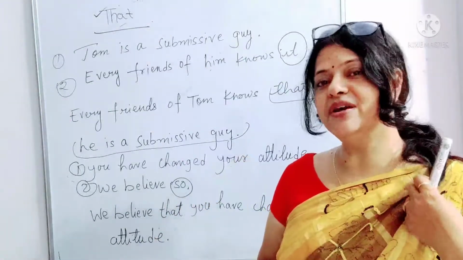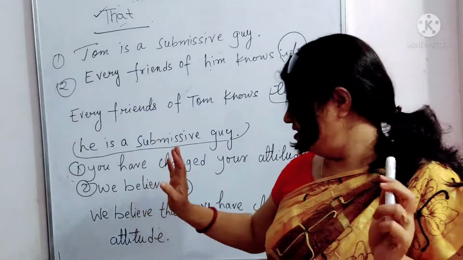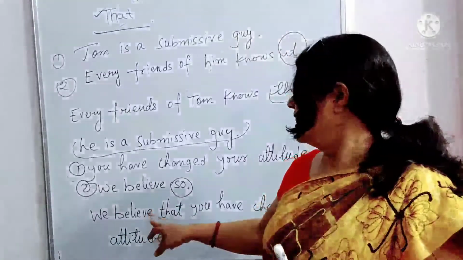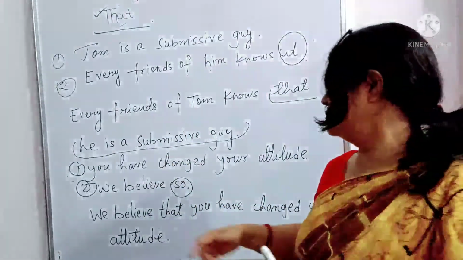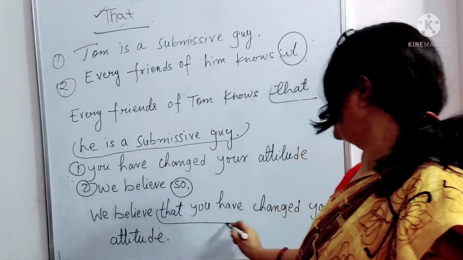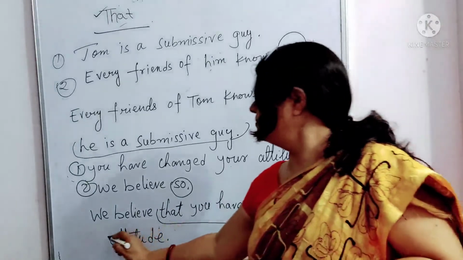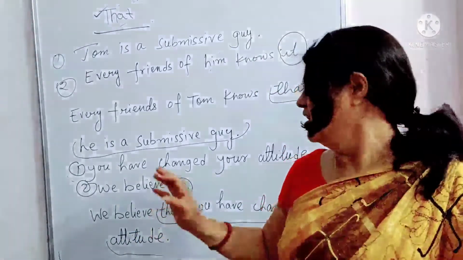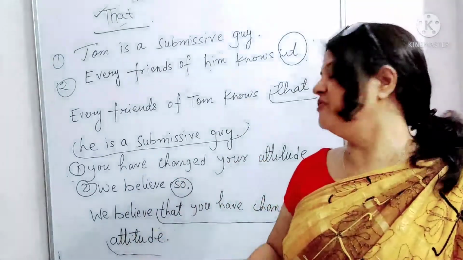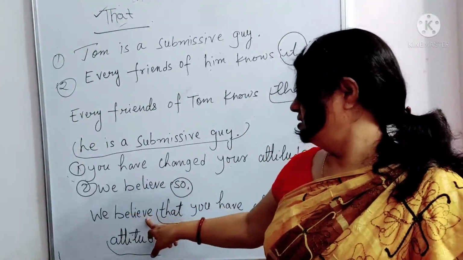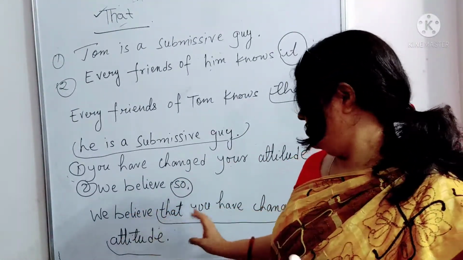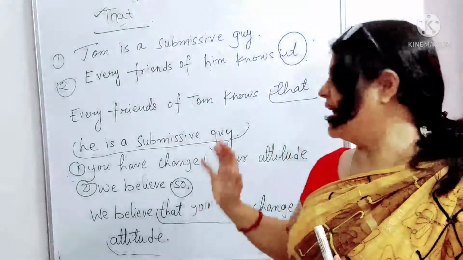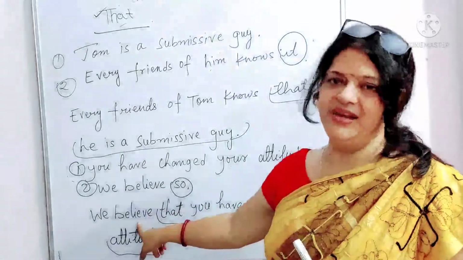I think it has become clear to you. And just see, we believe is principal clause, and after verb, this subordinate clause has come. As we know that subordinate clause always depends on principal clause for its meaning. So again here in this sentence we find that this subordinate clause is working as an object to this verb believe. Okay.